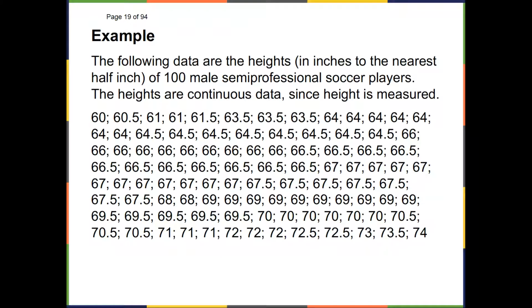Let's just start to look at the data and then we'll kind of go with this here. So let's say that I was given these 100 numbers here. And these are all heights of semi-professional soccer players.